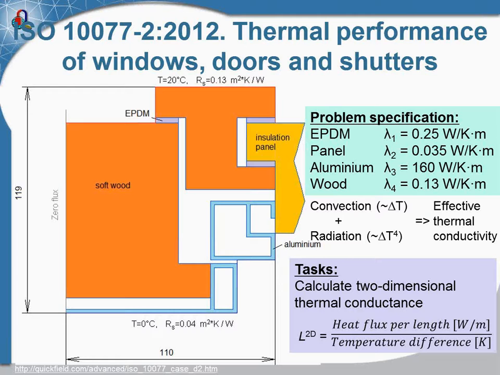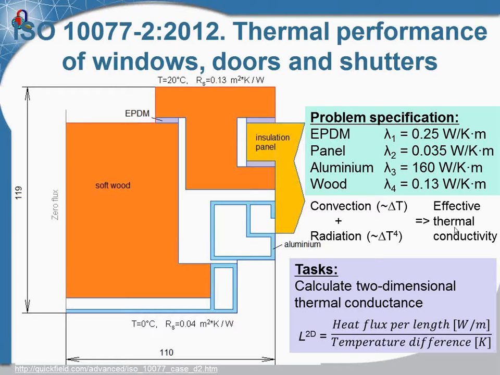The procedure is described in details in the standard. It is essential that the convection flux is in direct proportion to the temperature difference and the radiation flux is in direct proportion to the fourth power of the temperature difference.